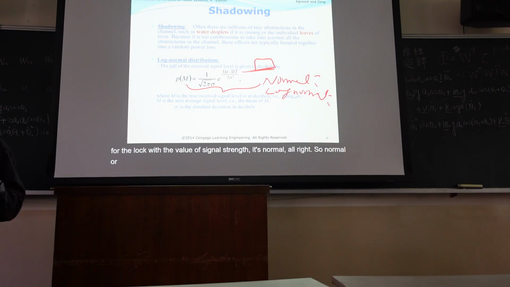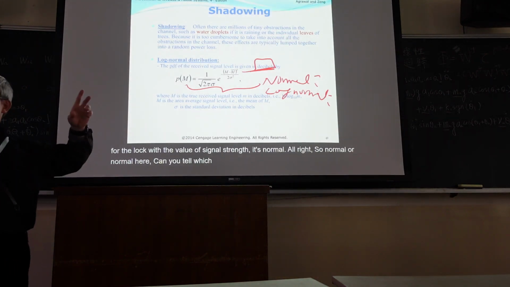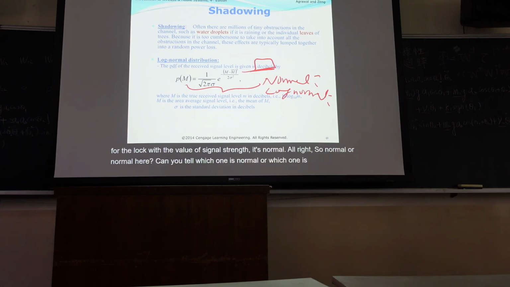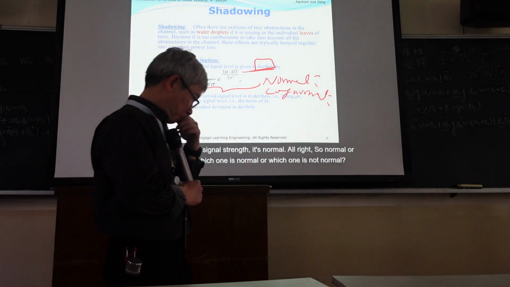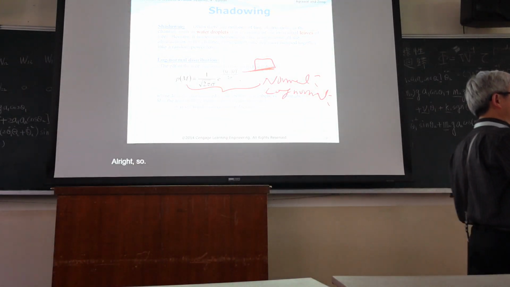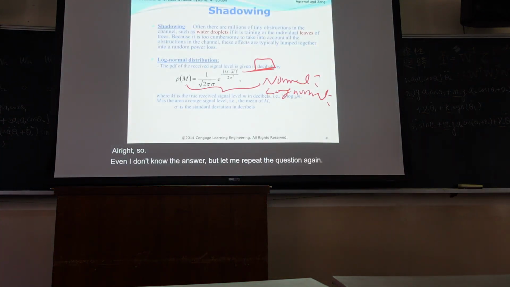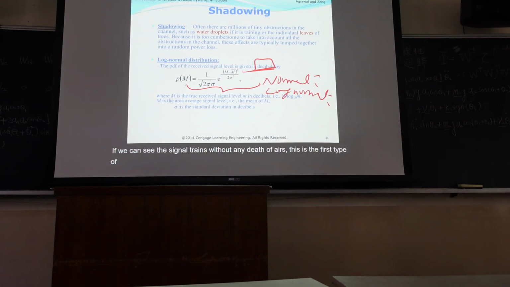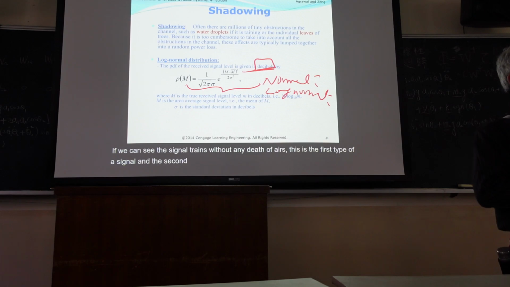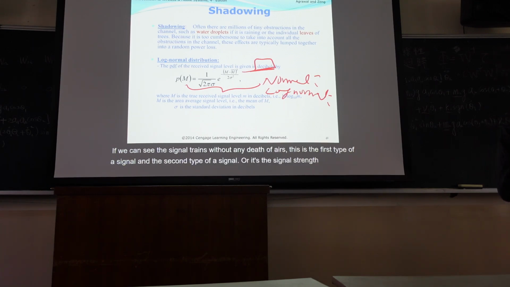Can you tell which one is normal and which one is not normal? Even if I don't know the answer, let me repeat the question again. If we consider signal strength without decibels, this is the first type of signal. The second type is the signal strength after taking the logarithm.